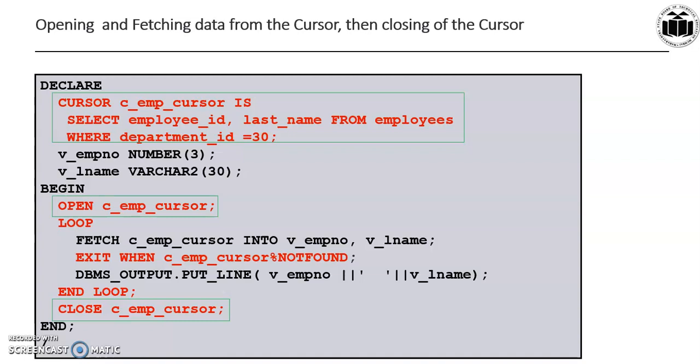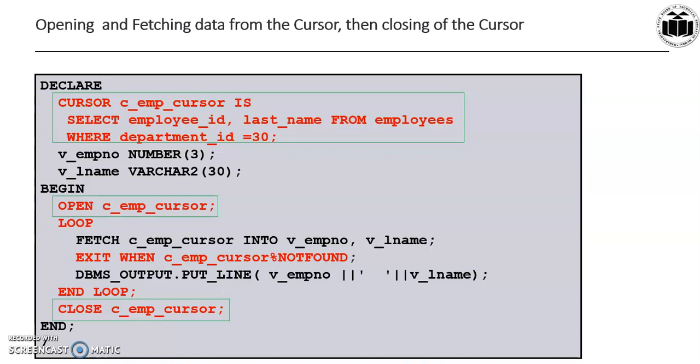After this, you can display the employee numbers and last names one by one, and after that the end loop statement is there. When the exit condition is true, then the end loop statement will get executed.